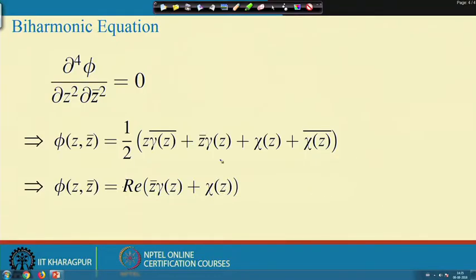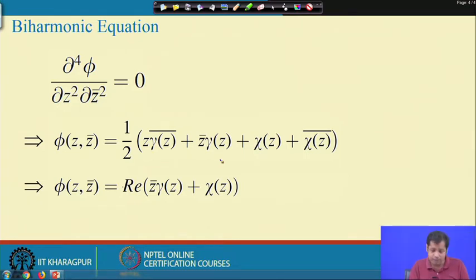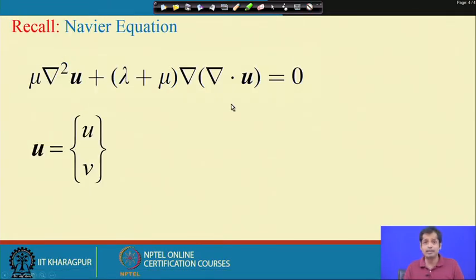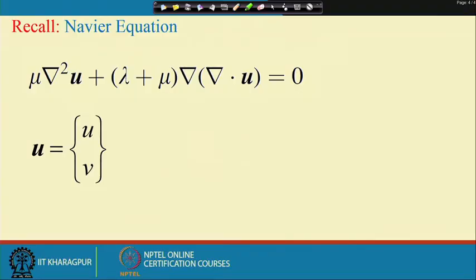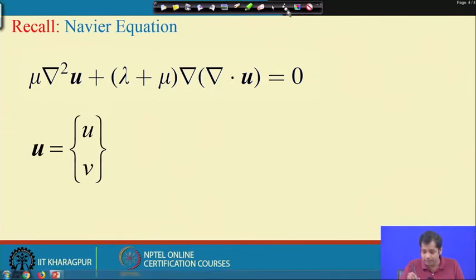Now, this is for the stress formulation. Similarly, we have to do the same exercise for the displacement formulation. If you recall, this was the expression called Navier's equation, the equation written in terms of displacement, where u is a vector which has two components, u and v.